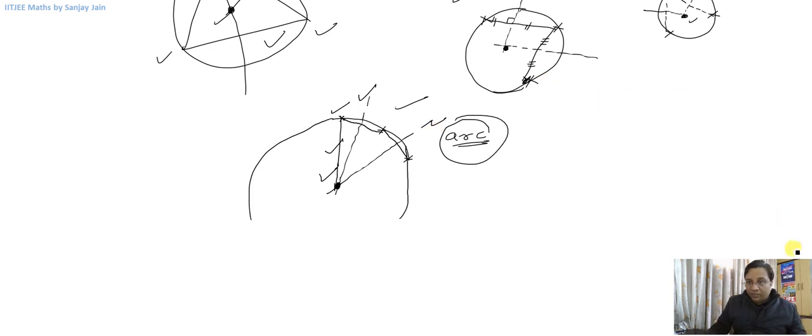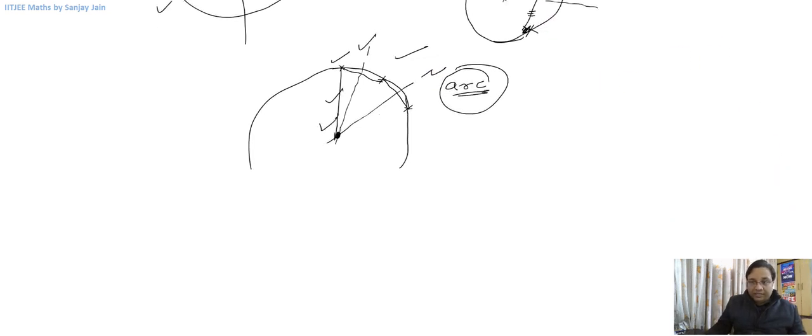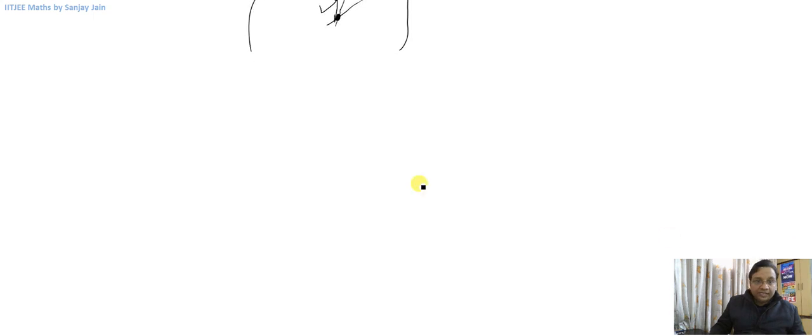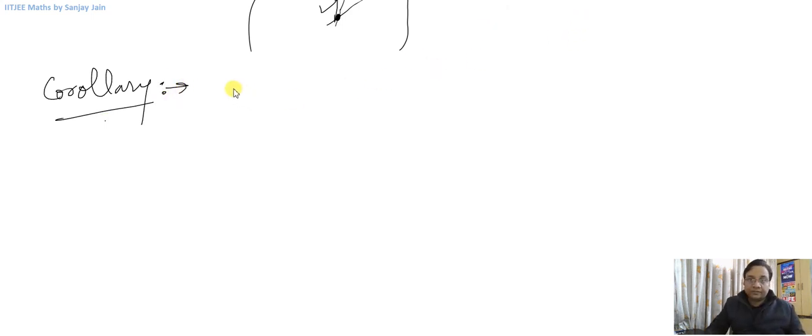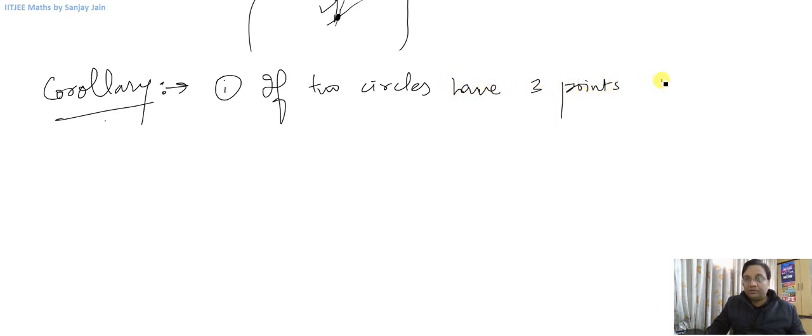So what can we write? Let us write these points as corollaries to the theorem that we just proved. If two circles have 3 points in common, then they must coincide.